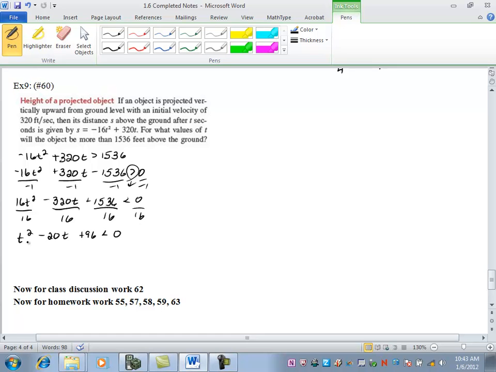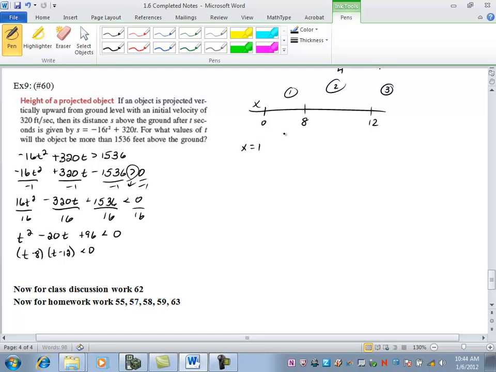And thankfully for us, this will factor into t minus 8 and t minus 12. Okay, so here's our number line, 8, 12. Of course, doesn't make any sense to look beyond 0 over here. So we've got 1, 2, 3 regions that we care about.